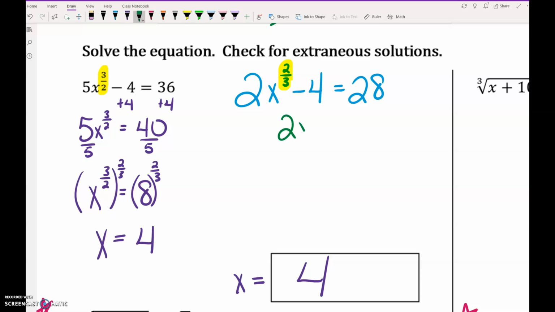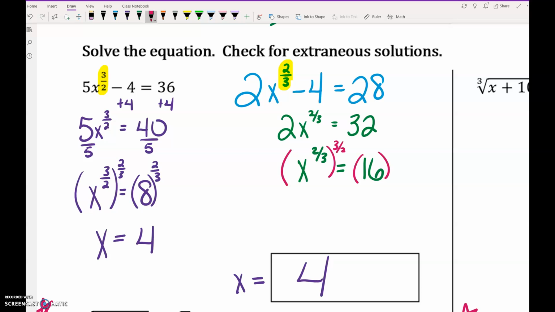We would add 4 to both sides. That would make this 32. Then divide by 2. So we end up with x to the 2/3 equals 16. When we raise both sides to the reciprocal, what is the bottom part of that fraction?